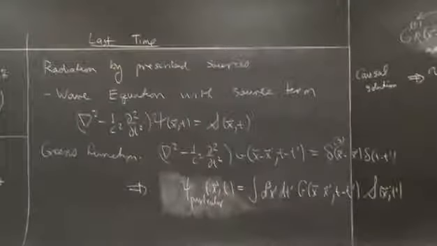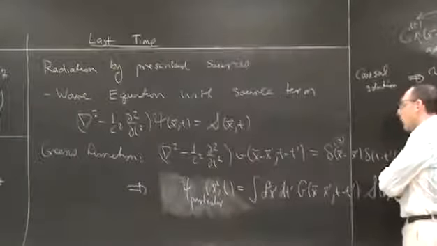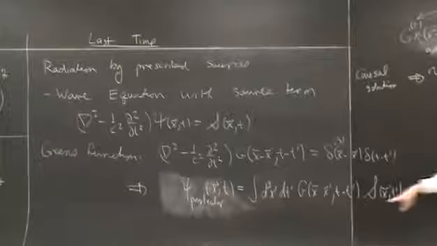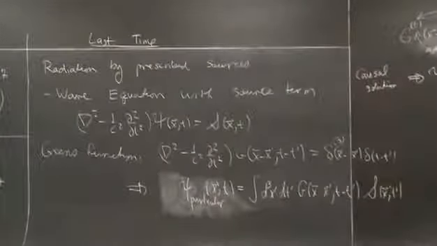And to solve that equation, the particular solution is found in a general form by convolving the source in space and time with the Green's function associated with the wave equation.